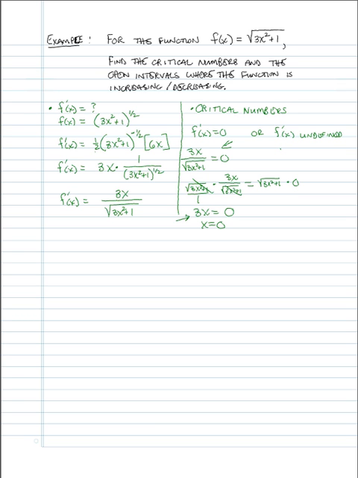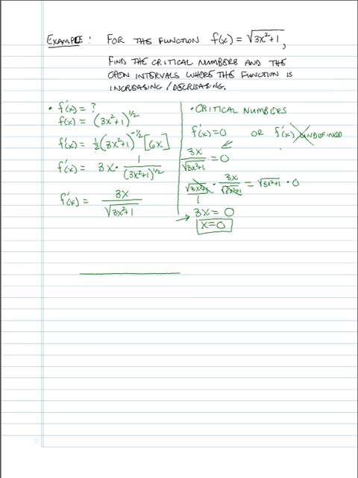And then 3 times that number will be positive, and then that positive plus 1 will be positive, so it'll always be the square root of a positive number. Even if x is 0, we just have the square root of 1. So there's no way we can make the denominator 0 because we're always going to have at least 1 more than 0 under the radical. And there's no way we can have a negative under the radical, so there's no place that this is undefined. So we have one single critical number, x equals 0.